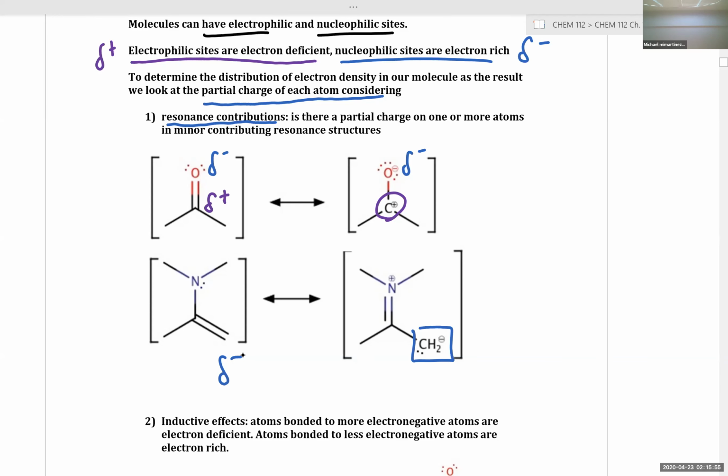So we'd expect that we'd build up some negative charge on this carbon here. And because this nitrogen has a lone pair, even though it has a positive charge in the resonance structure, this nitrogen still is relatively electron rich because this resonance contributor is relatively small. And it still has electron density from this double bond.